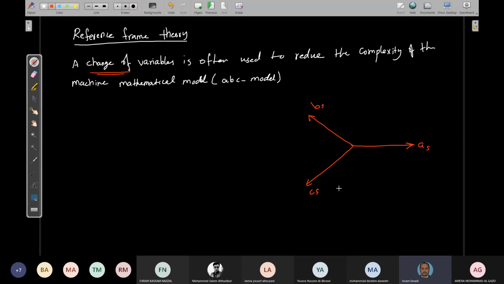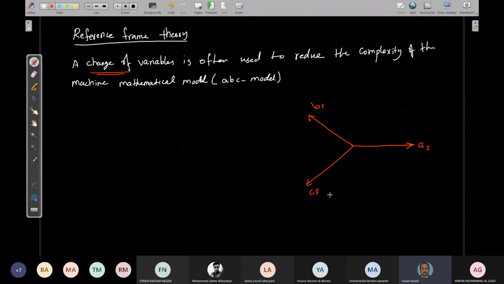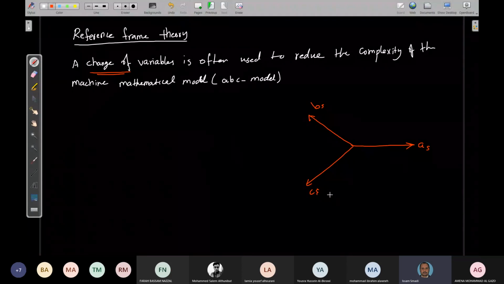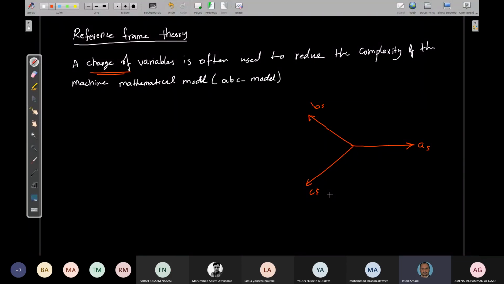Why? Because in this coordinate, I can see something else. I can look at the problem from another point of view. In this case, I can simplify the difficulty associated with the mathematical model if I deal with the model in the artificial coordinate, compared to the actual coordinate, or the ABC.